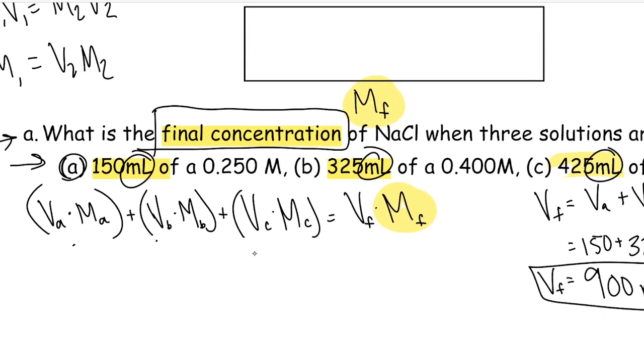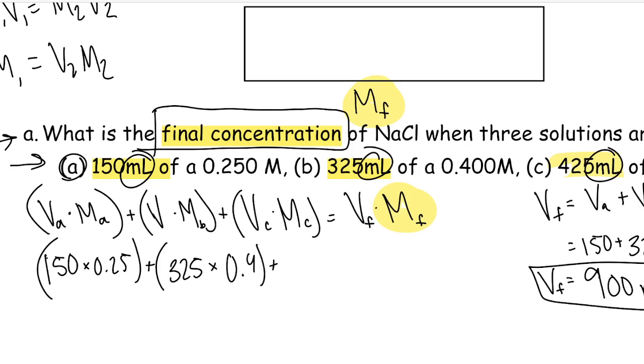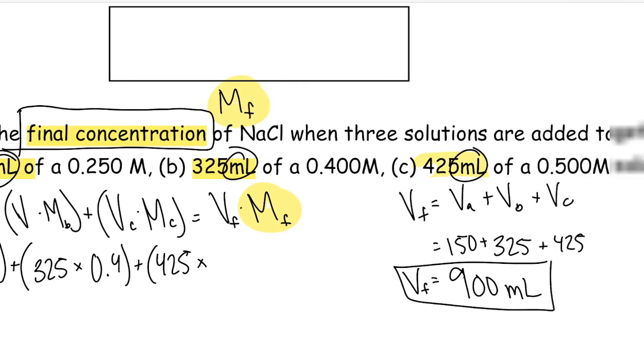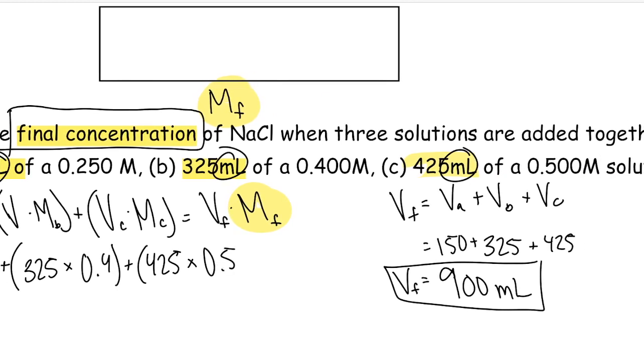So then I would just go through and plug in all of the values that I have. So first I would take my 150 milliliters times 0.25 molar. So 150 times 0.25 plus 325 times 0.4 plus 425 times 0.5.